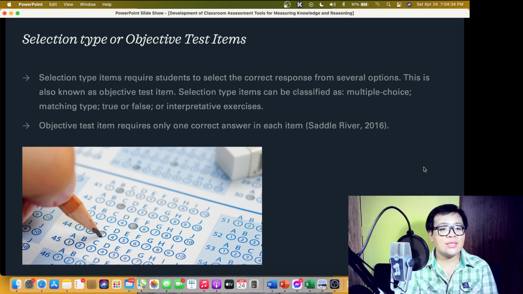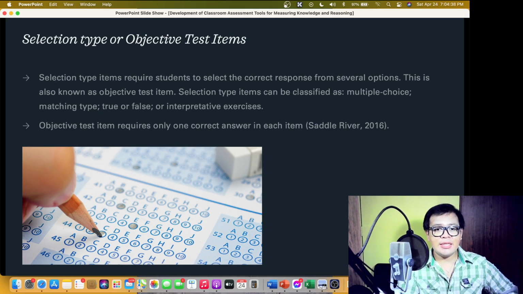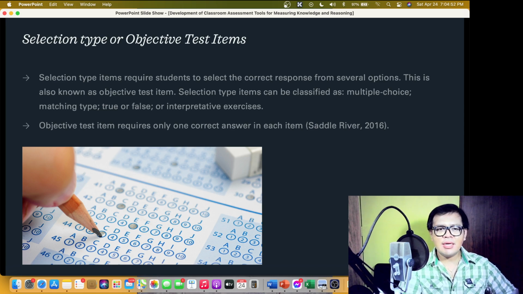Sadler River of 2016 also included that an objective test item requires only one correct answer in each item. However, there are times when specific questions require several answers, and that is the SATA type, which is select all that apply. It's very common in the nursing profession, in which we have to select all the answers needed just to make sure that we were able to answer the question related to the subject matter.